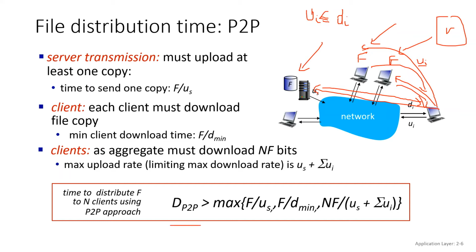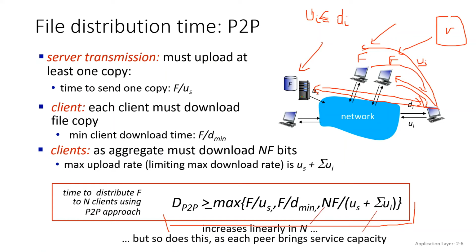Now we go to this particular formula, right? Cool. There you go. Now, what do we have? We have the distribution time in a peer-to-peer application, which has a lower bound, which is this.